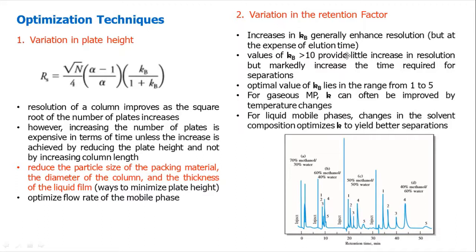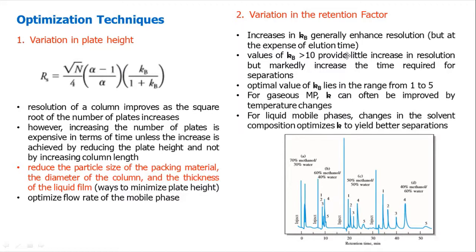So if you increase kB, it also requires a longer time. So optimal values of kB lie in the range from 1 to 5. So it is better or optimal if the value of kB is from 1 to 5.